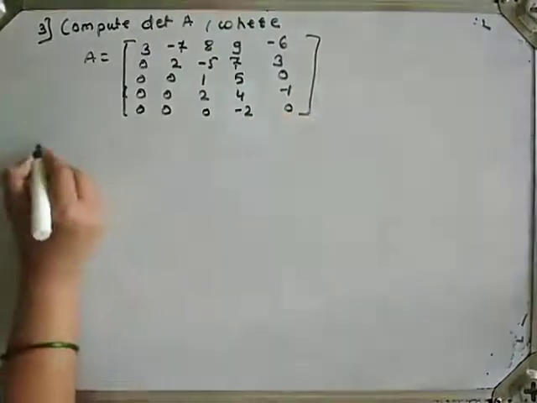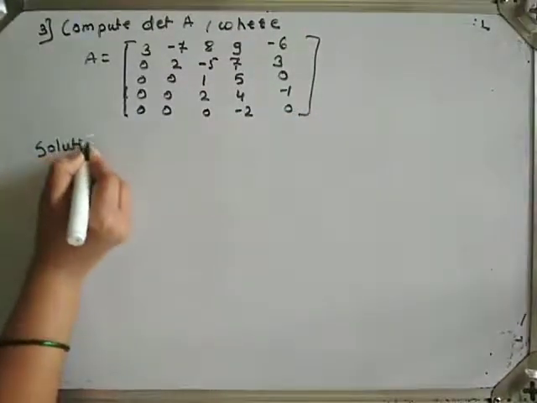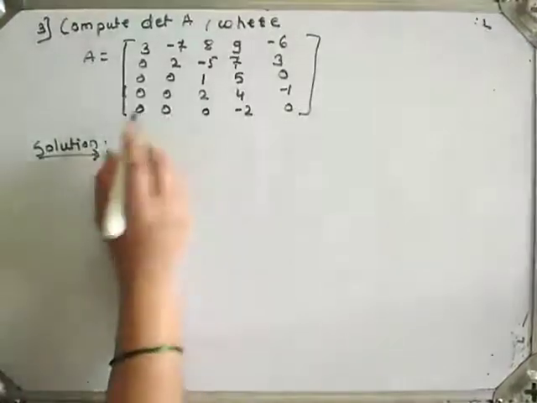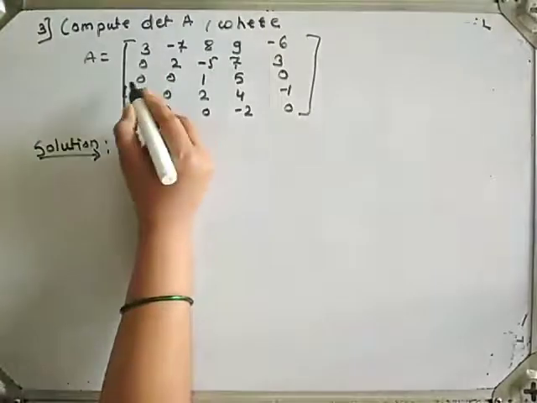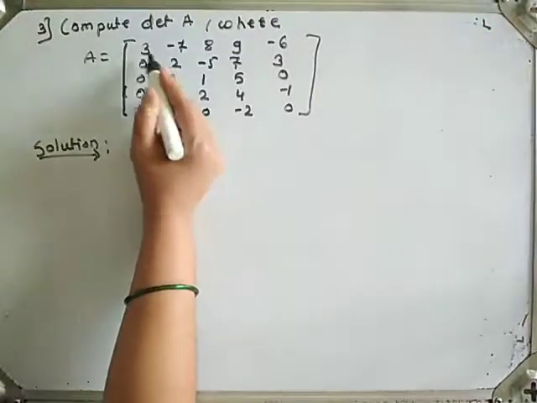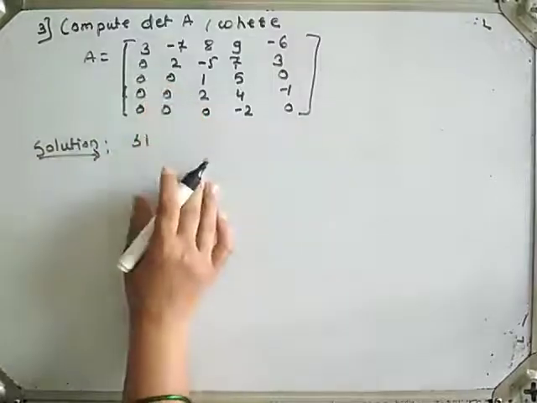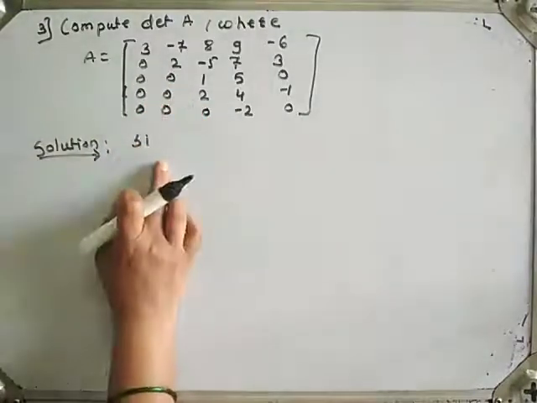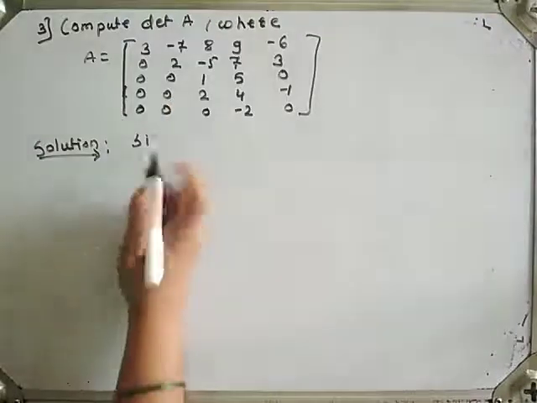Solution. Here we have to compute the determinant of A. Students, see here there are more zeros in the first column. So we can find the determinant of A by using cofactor expansion across the first column.